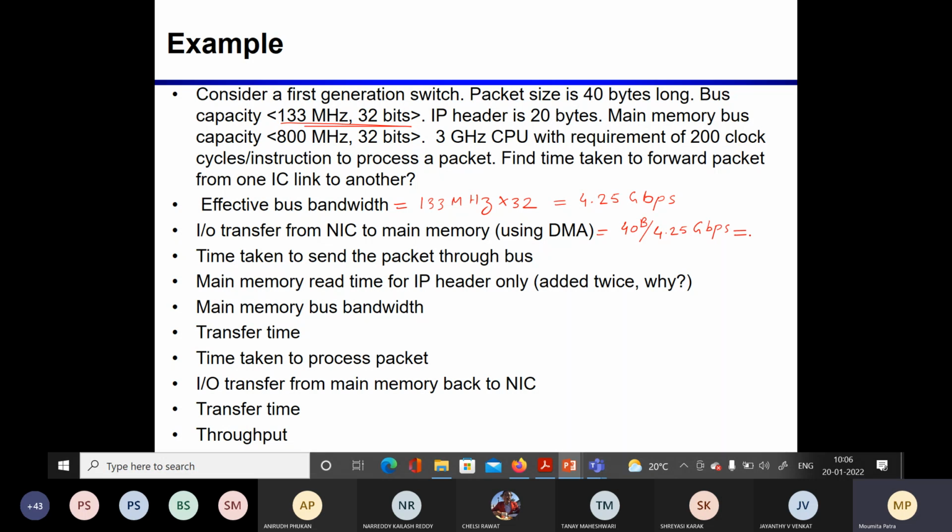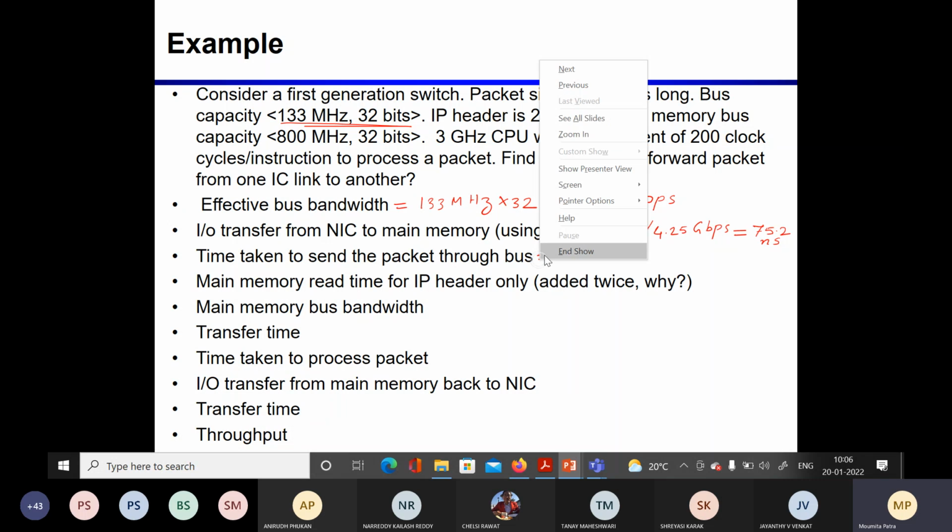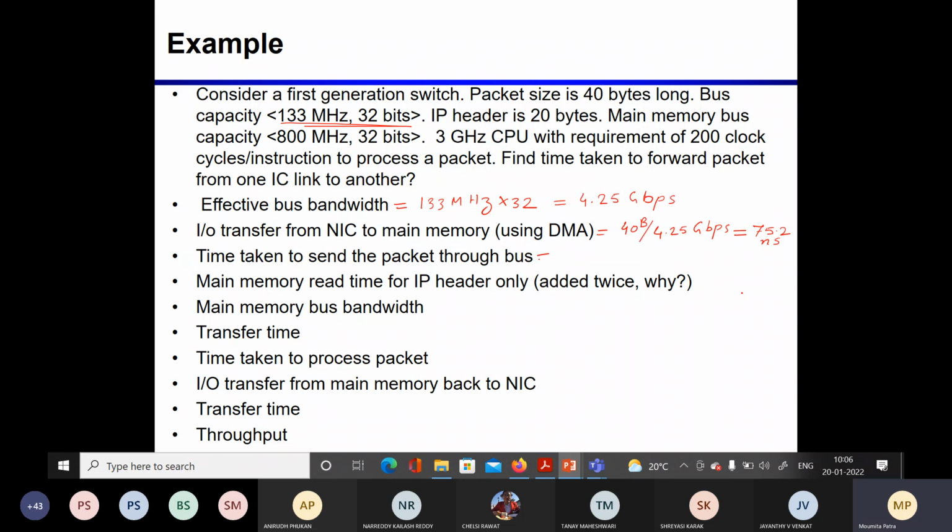Now, what is the value? 75.2 nanoseconds. Everybody got this value, 75.2? Yes, ma'am. Okay, so then what is the time taken to send the packet through the bus? All right, this is the time taken.